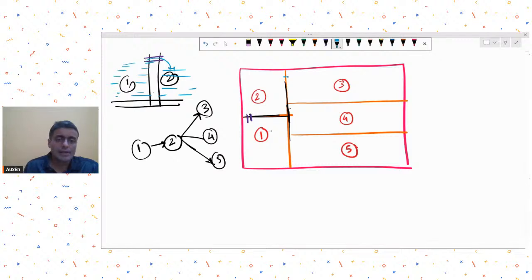And let's say the connecting pipe in tanks 3 and 4 is at the very bottom of the tank. If the pipe is at the very bottom of the tank, what does it mean? That tanks 3, 4, and 5 will get filled up together. You get it?